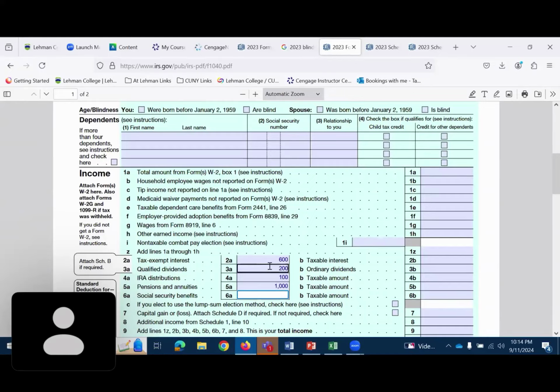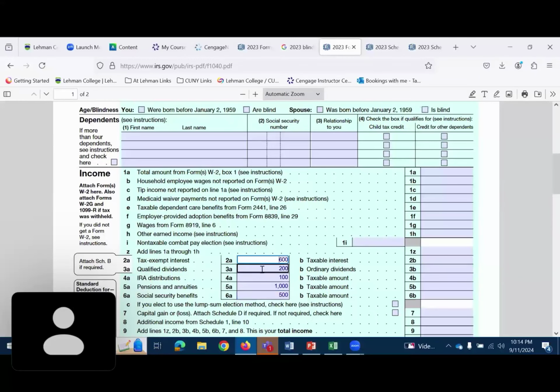We're going to get through what part of qualified dividends is not taxable and ordinary dividends that is taxable, the IRA distribution part that could be taxable if you pulled it out too early, and Social Security benefits. So let's say this is $500.